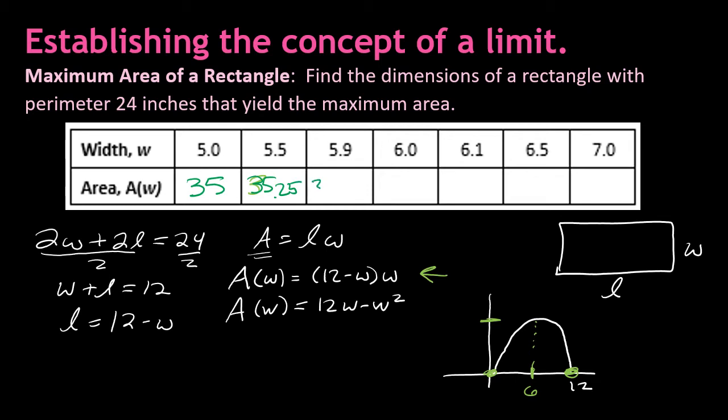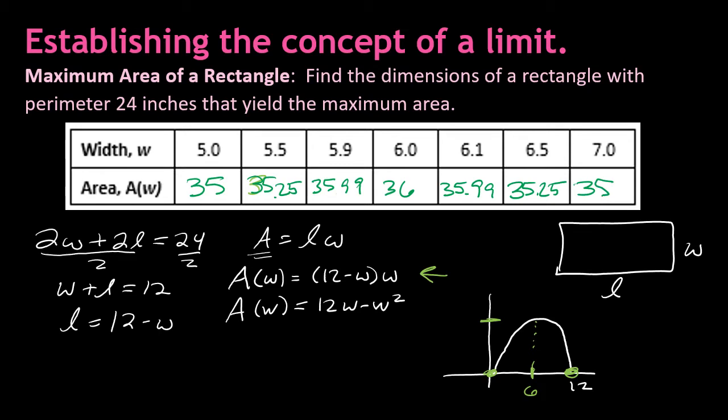And here we have 35.99. And here we have 36. And as I go the other direction, I'm just basically rewriting these because we all know that a parabola is symmetric, so the numbers to the left of the vertex and to the right match up.